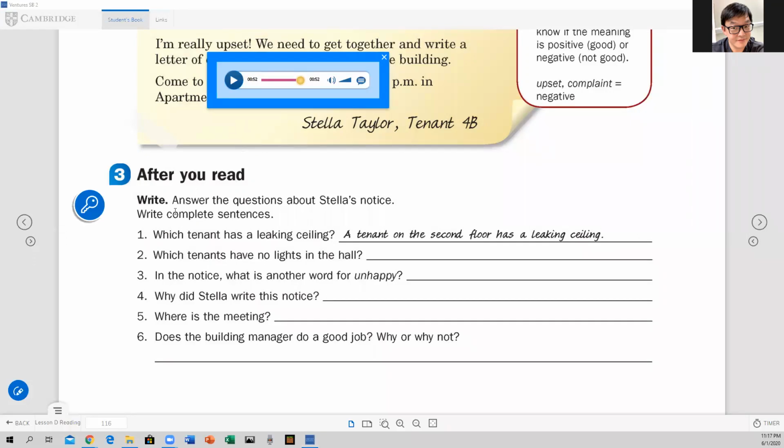So, number 1, which tenant has a leaking ceiling? A tenant on the second floor has a leaking ceiling. Now, number 2, which tenants have no lights in the hall? Do you know?